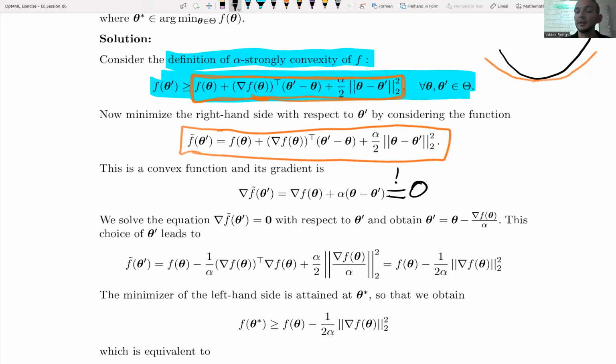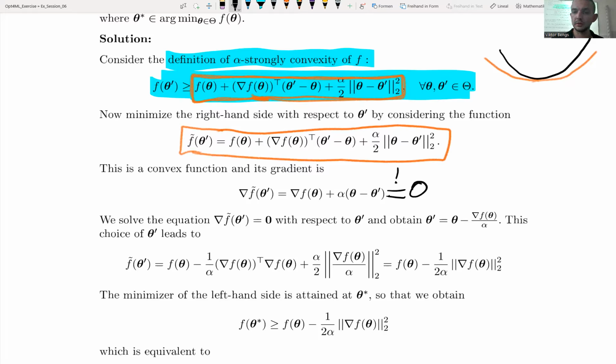Now, if you plug in theta prime here, what do we get? Theta minus theta cancels out. Minus gradient gives us plus gradient divided by alpha. The alphas are canceling out.